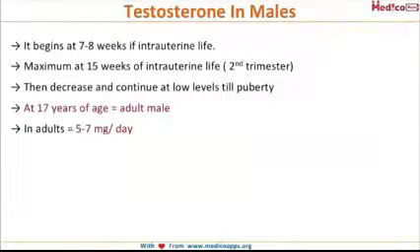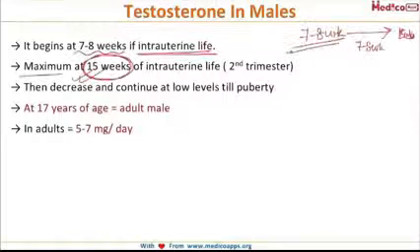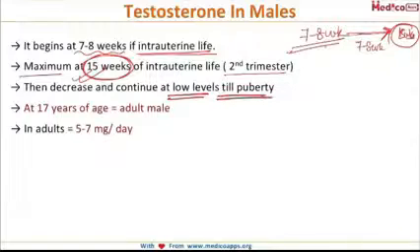Now a few words about this testosterone. Testosterone secretion starts at 7 to 8 weeks of intrauterine life, continues to increase for another 7 to 8 weeks, and so it is maximum at 15 weeks, that is in the second trimester. Then it decreases and continues at low levels till puberty, that is till the onset of spermatogenesis.